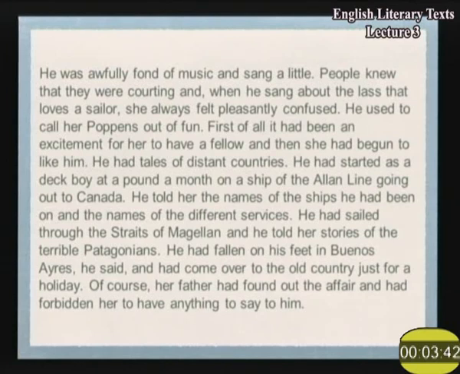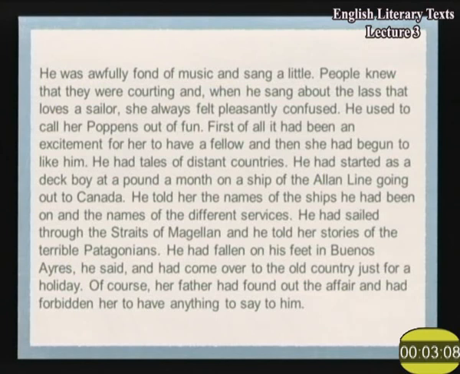And yet, first it had been an excitement for her to have a fellow, and then she had begun to like him. With knowledge, she started to like him. He had tales of distant countries. Remember, Eveline is only living in Dublin and does not know anything else. He had started as a deck boy, that is a sailor who works on board a ship, at £1 a month on a ship of the Allen Line going out to Canada.